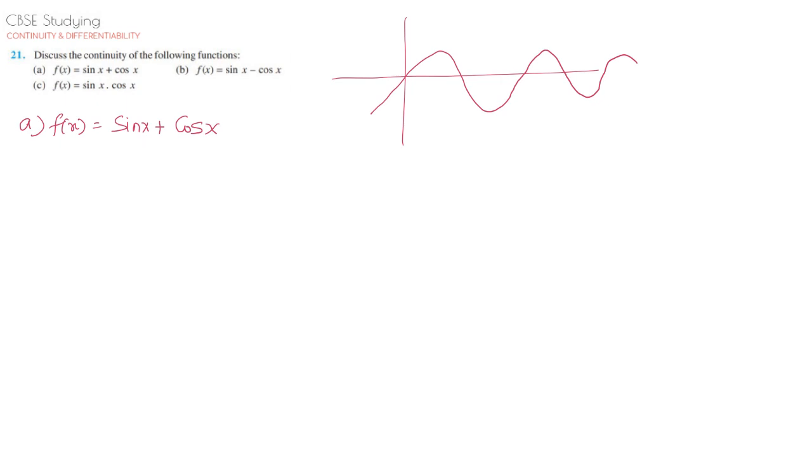Sin x is also always continuous. Cos x is also always continuous. Before you solve these kind of functions, you really need to be acquainted with the algebra of continuous functions. To give you a short brief, let me write down some points. So sin x is always continuous, cos x is always continuous, polynomials are always continuous, right? Constant functions are also always continuous.